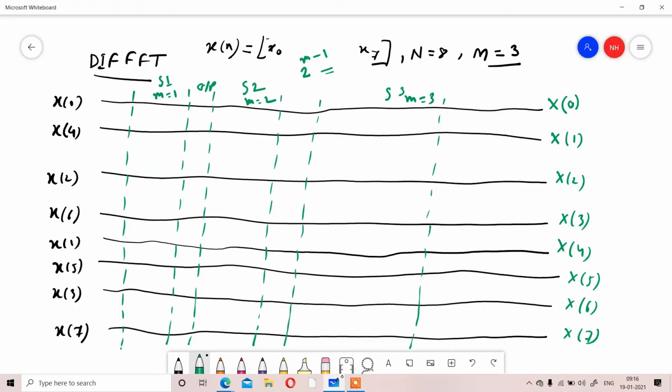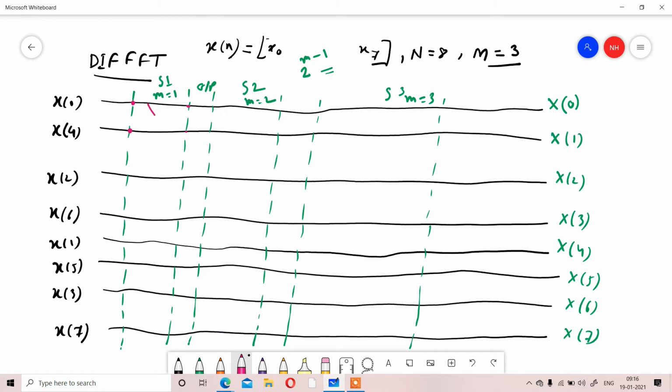So for stage 1 the bit separation was 1. So the first bit will be connected to the next bit and output will be with respect to that.